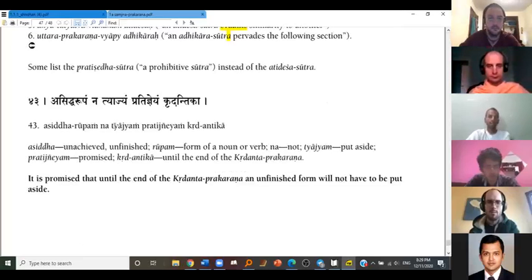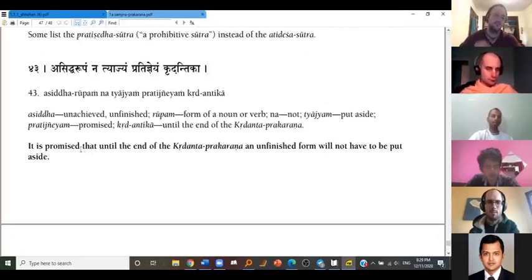Asiddha-rūpaṁ na tyājyaṁ pratijñeyaṁ kṛd-antikā. It is promised that until the end of the Prakaraṇa, which is the fifth Prakaraṇa, before samasa and tadhita, an unfinished form will not have to be put aside.